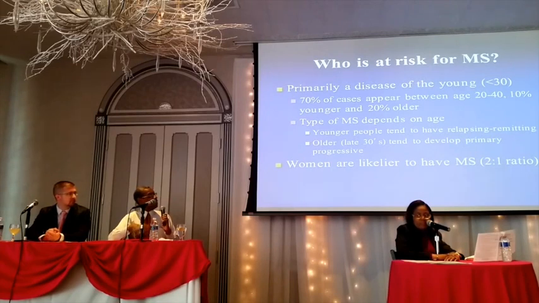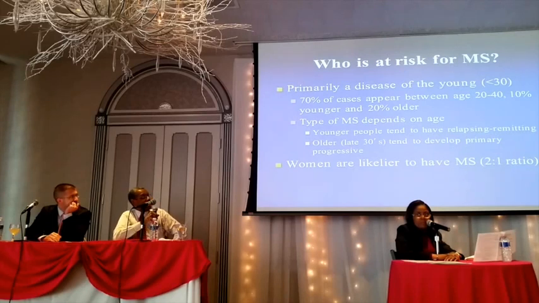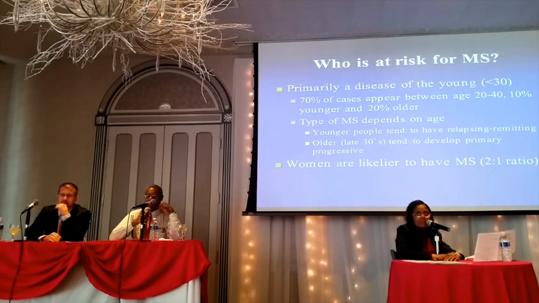All right. So who's at risk for multiple sclerosis? Well, typically this is a disease of the young. But I will tell you, we can see MS in even teenagers or even small children. It's not common, but we can see it. And the oldest person I diagnosed with multiple sclerosis in my practice was 74.